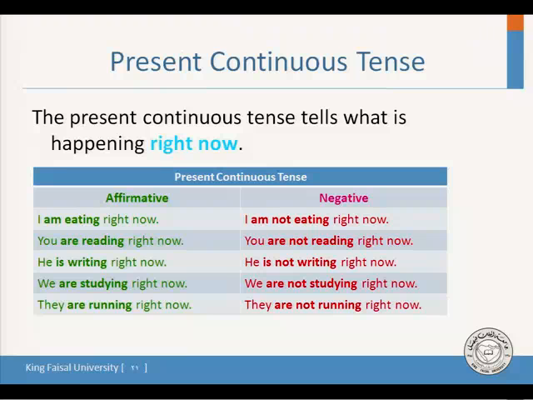You see, ing, running, studying, writing. But we need is, are, am before the verb. In the negative, it's easy to negate the present continuous. I am not eating. You are not reading. He is not writing. We are not studying, etc. The same. It's very easy to negate the present continuous.